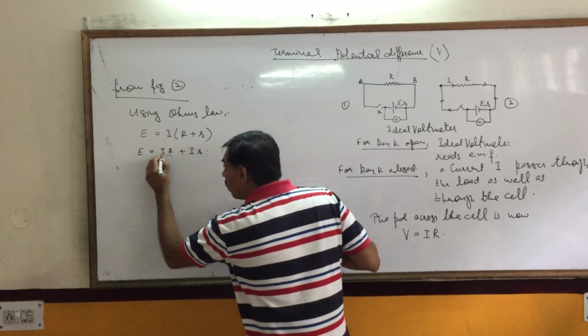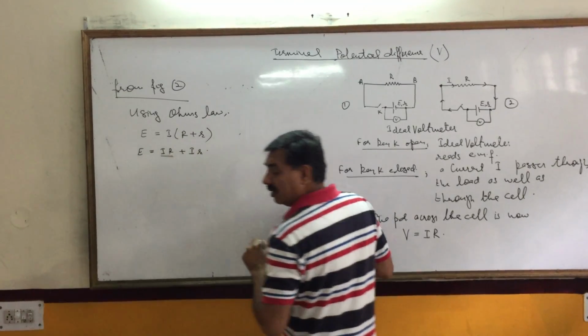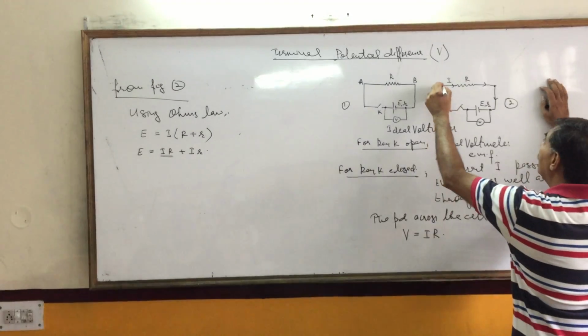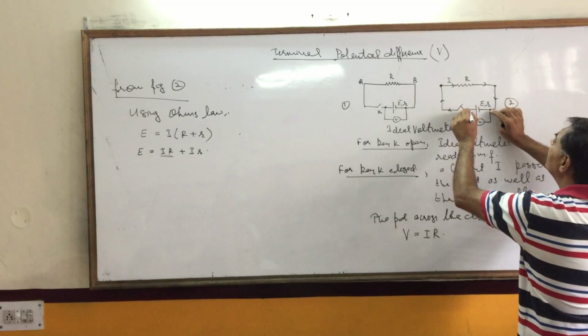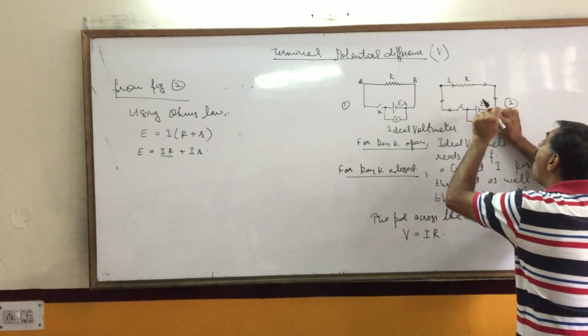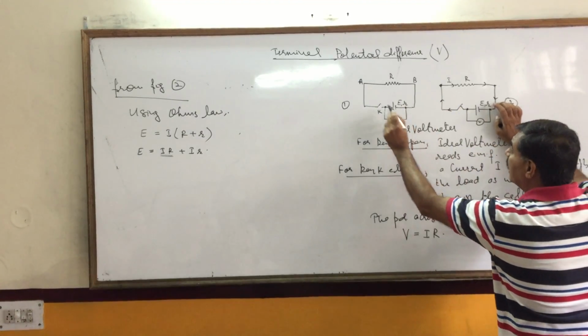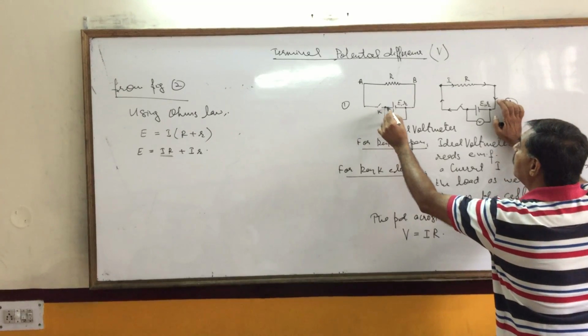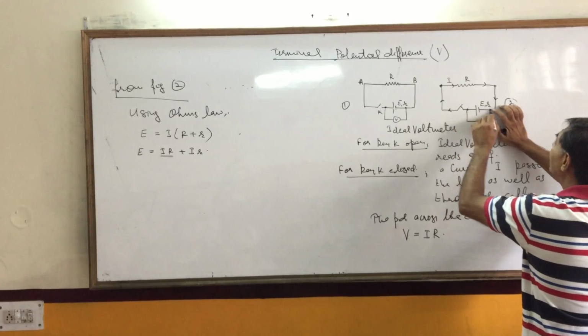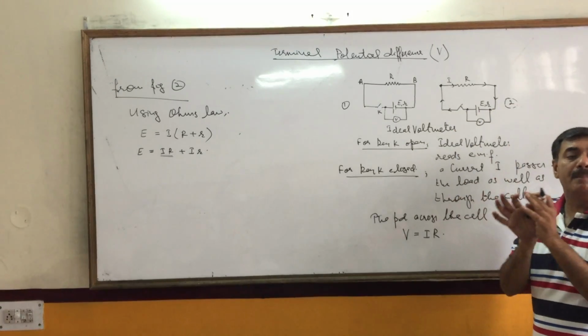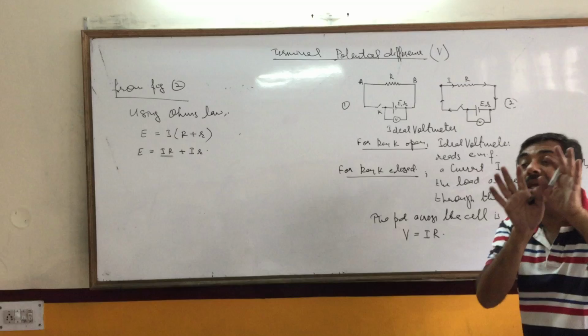Now this is called the terminal potential difference, the potential difference across the load, which is the same as the potential difference across the cell now. At this instant, in figure 1, the potential difference between these 2 points is E. At this instant, the potential difference is not E. E is simply mentioned there that it is the EMF.